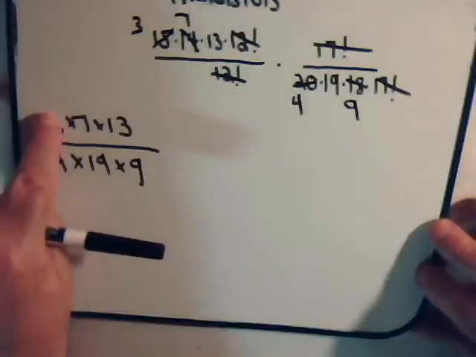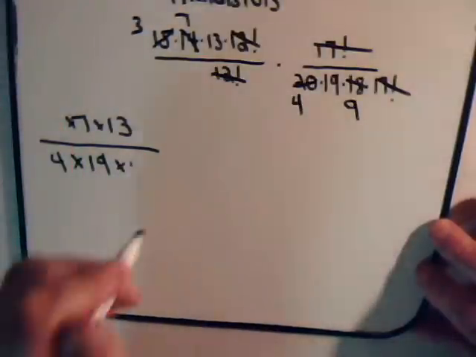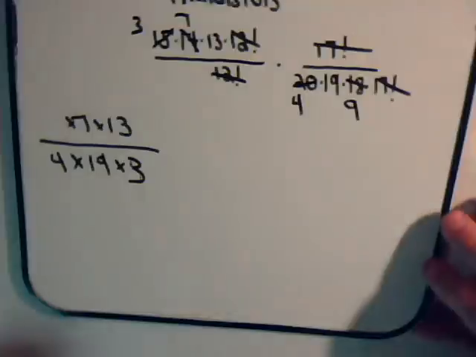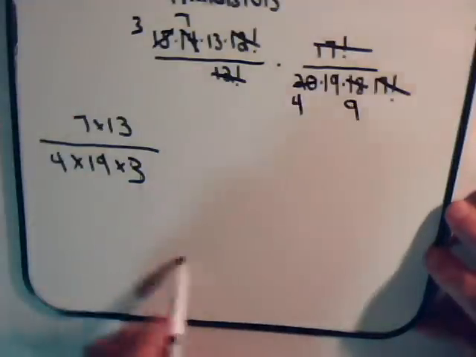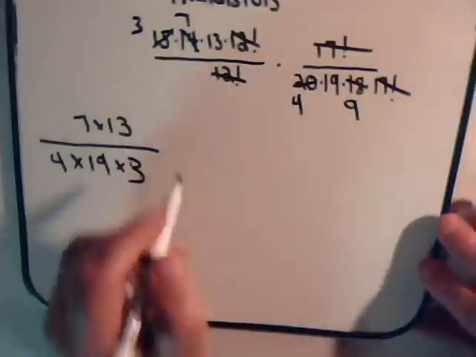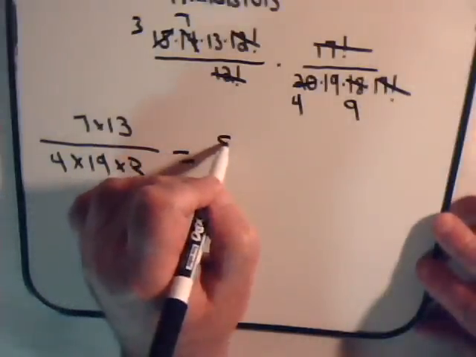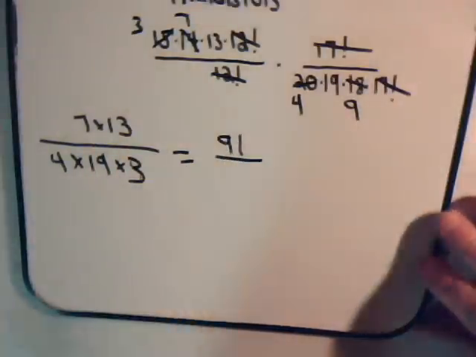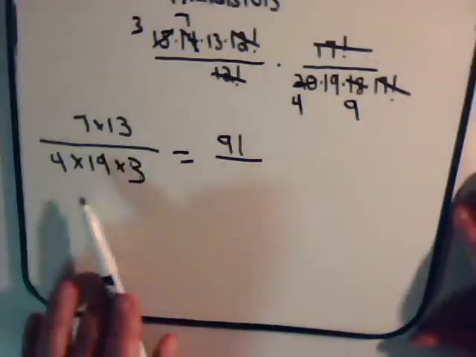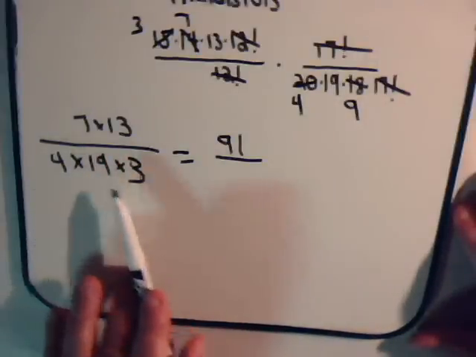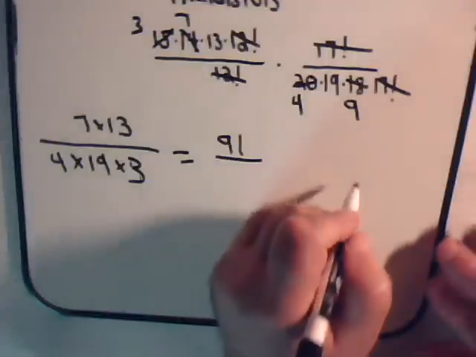And here 3, that'll make this a 3. So here we have 7 times 13, that'd be 91. And down here we have 19 times 12.